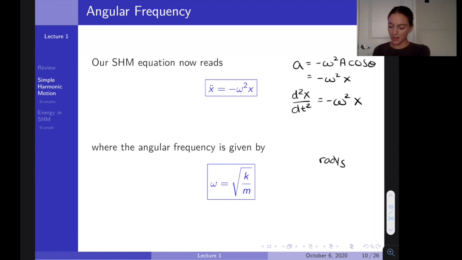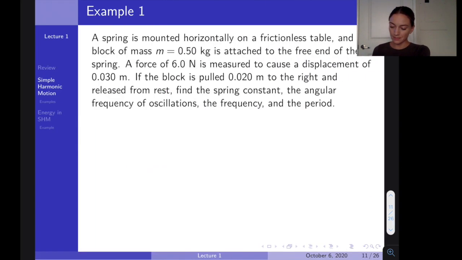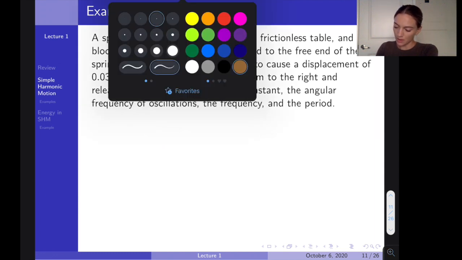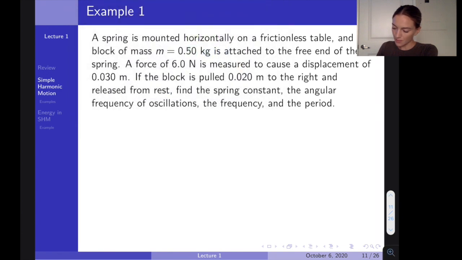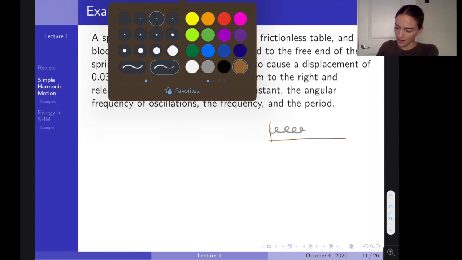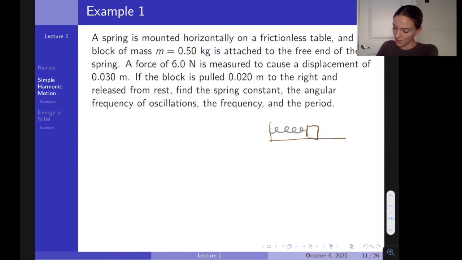All right, so let's do an example now to see how this all works. We have a spring mounted on a horizontal frictionless table. So we've got the table here, the spring is like this, and then we've got our block here. The block has a mass of 0.5 kilograms.